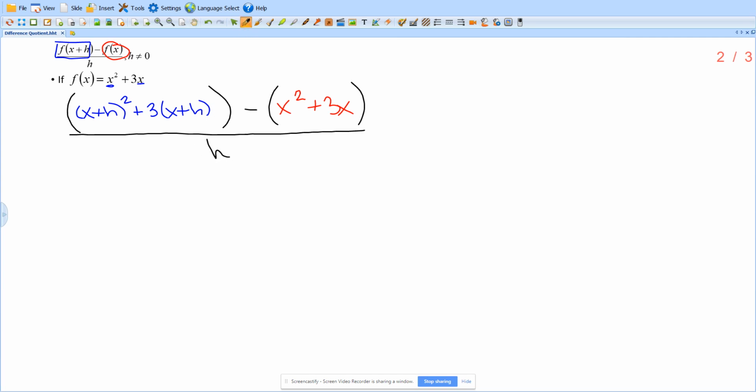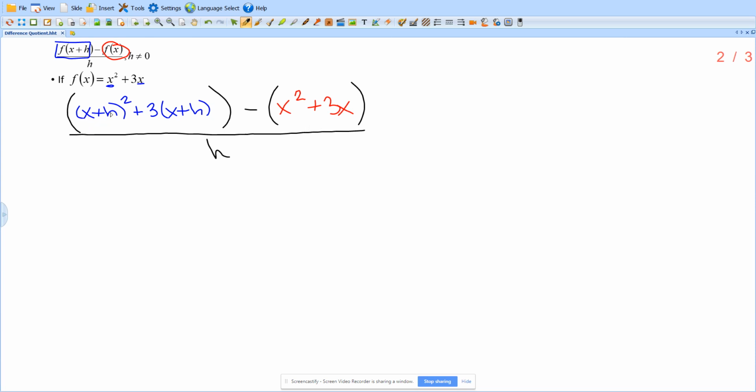What that also tells me is I am going to have to get rid of everything that's in the f of x. All of that is going to somehow have to go away so that eventually I can cancel some h's. And that should help guide you if you're ever doing something wrong, because if your original f of x does not cancel here, then you're probably making a mistake.